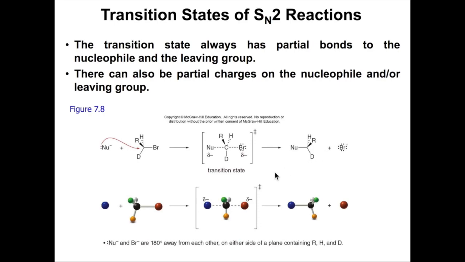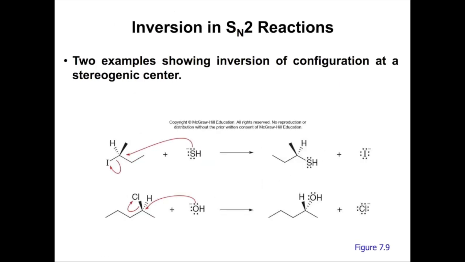When that center inverts, what it means is that if you start with an R center, you will end up with an S center, and the opposite is true, right? Here we have a couple of examples where the SH minus attacks here, kicking the iodine out. Remember that iodine already has 3 lone pairs, and when it leaves, it also takes this lone pair here.